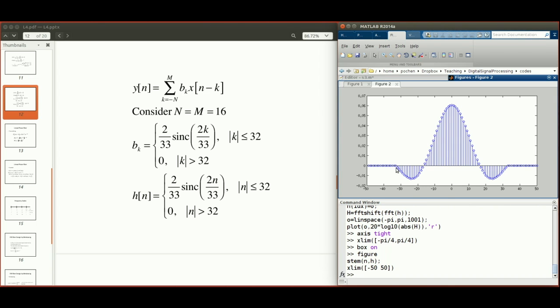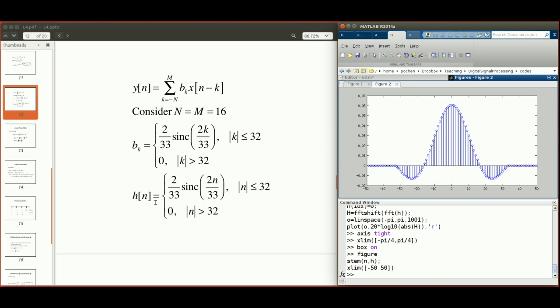But outside of this range, it's exactly 0. So we obtained this low-pass filter effectively by zeroing out some part of the sinc function where its amplitude is small. We kept only the center part of that particular sinc function, and zeroed out the rest of the sinc function. And that actually gave us a quite good low-pass filter.